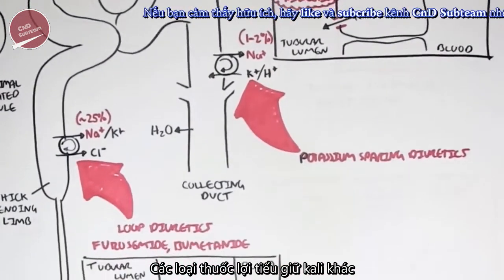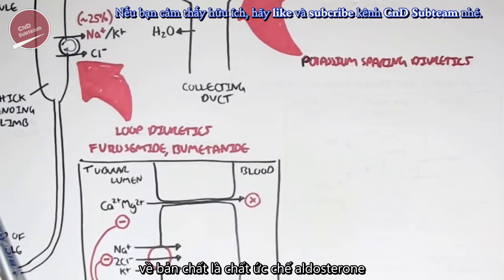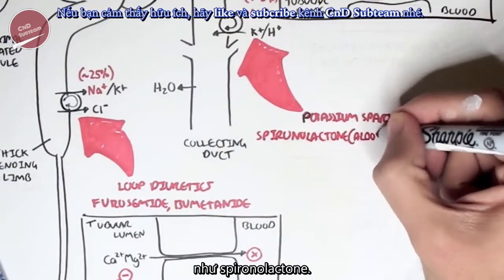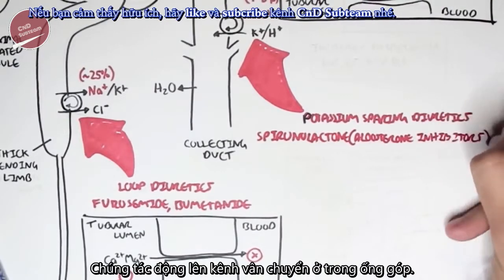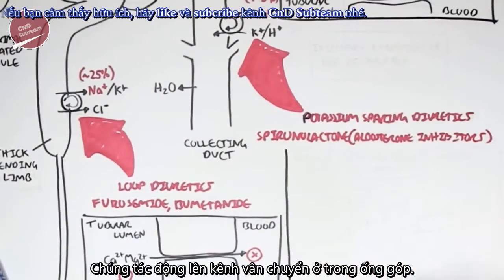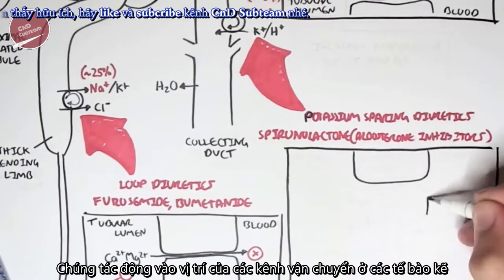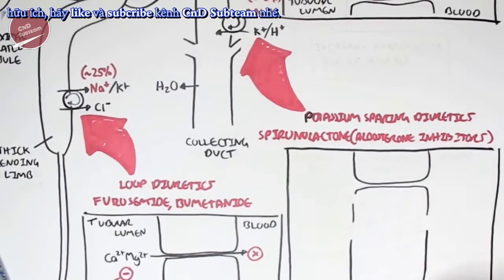The other type of potassium-sparing diuretics essentially are aldosterone inhibitors, such as spironolactone, and these work on the transporter within the collecting ducts. They work on the intercalated cells where this transporter is located.